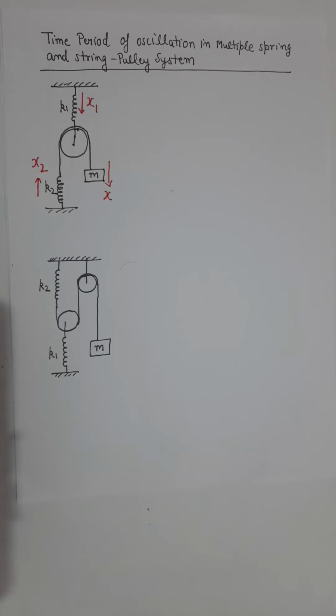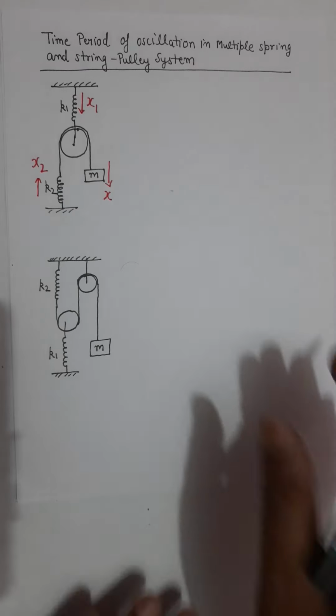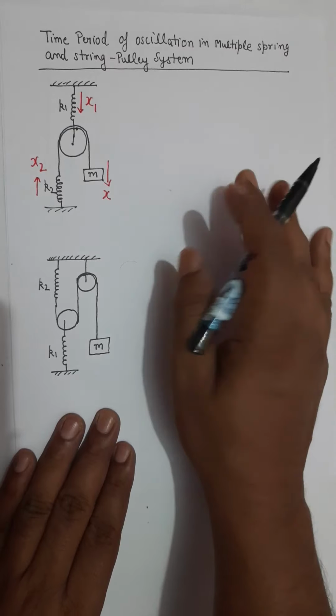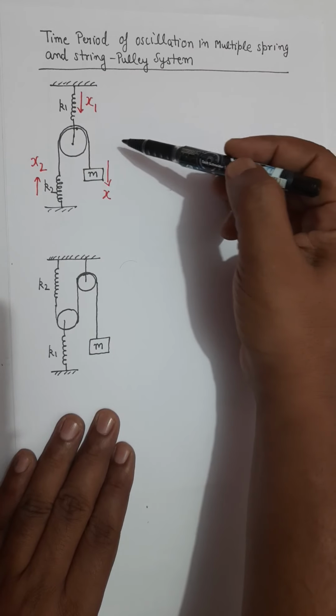As we discussed in our previous video, you can directly write the constraint equation here. Instead of velocity you can use the displacements also. So you can directly write down the constraint equation, which is as follows.